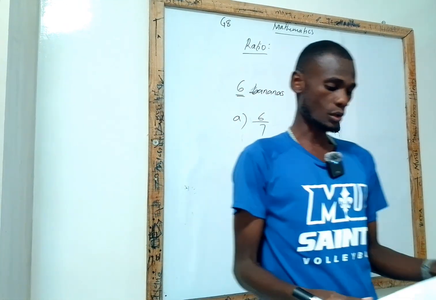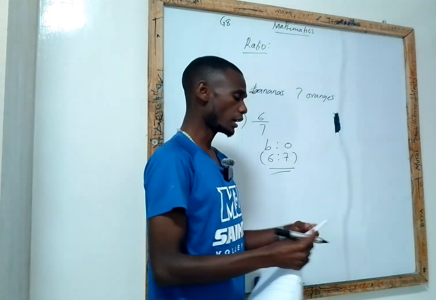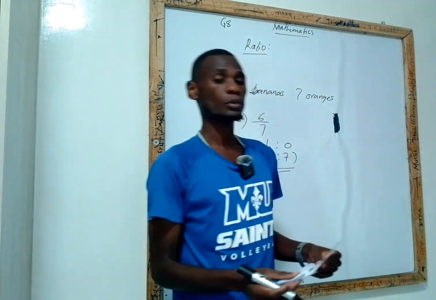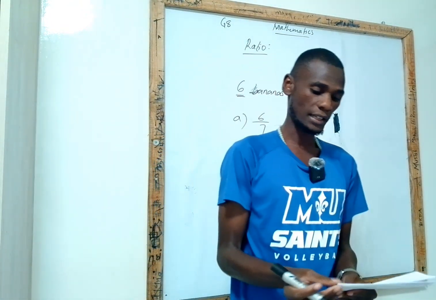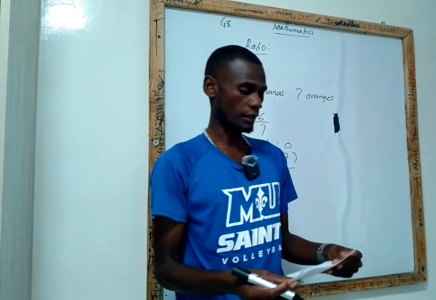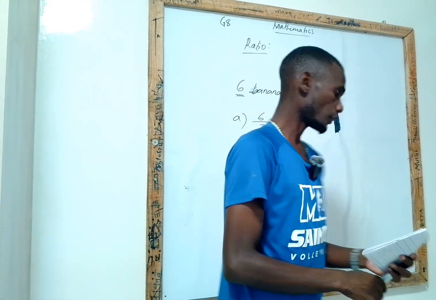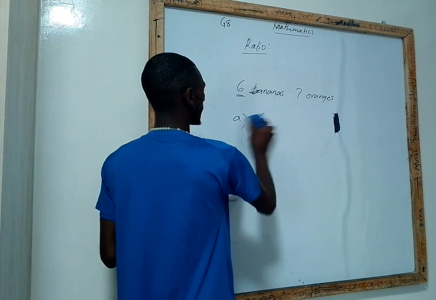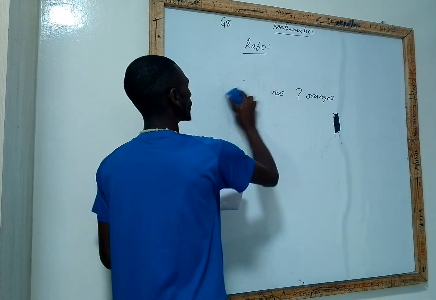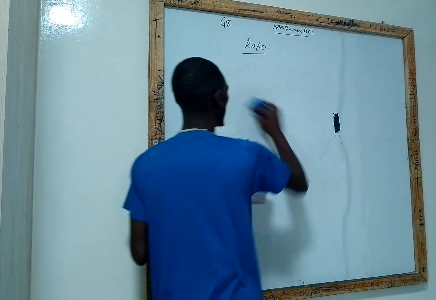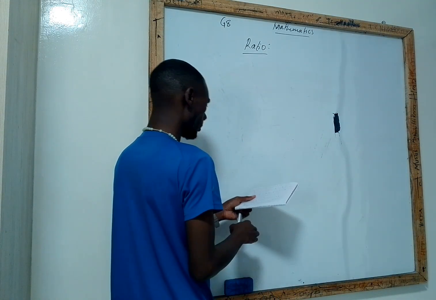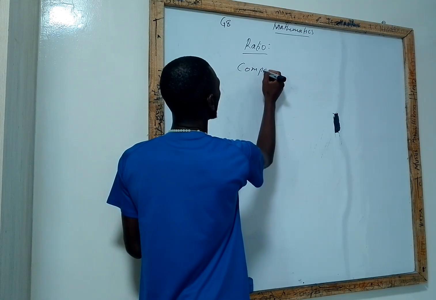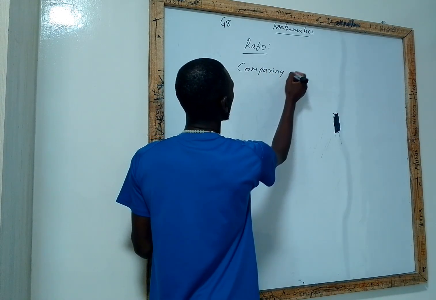Now let us look at how we can compare ratios. Comparing ratios. You are given some quantities or some ratios, and you are told to compare which one is larger than the other or which one is smaller than the other.